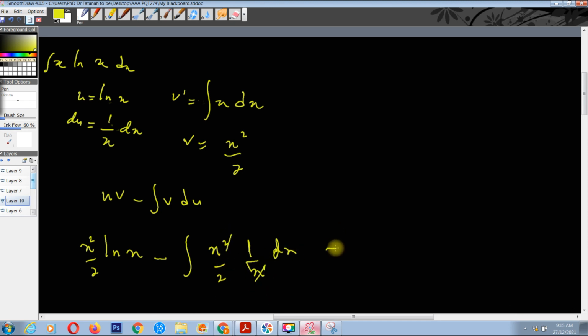So we will get x square over 2 ln x minus integrate 1 over 2 x dx.